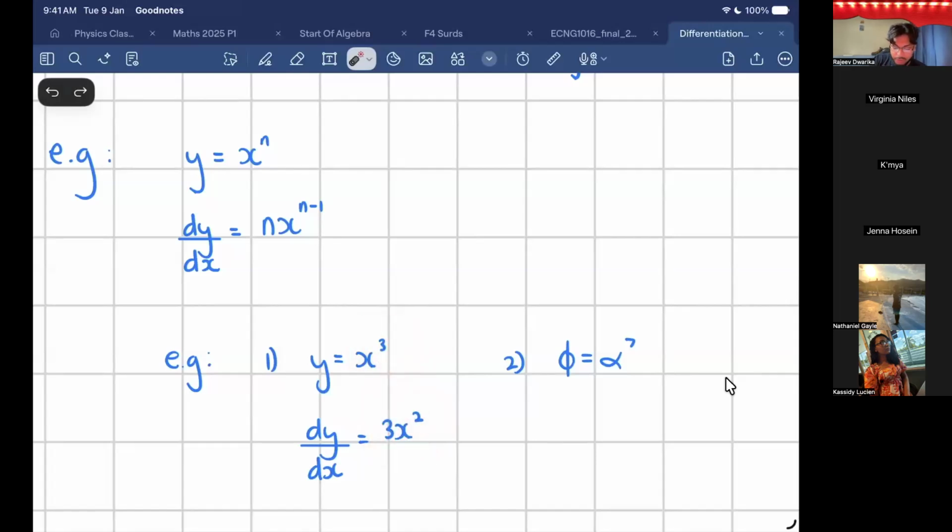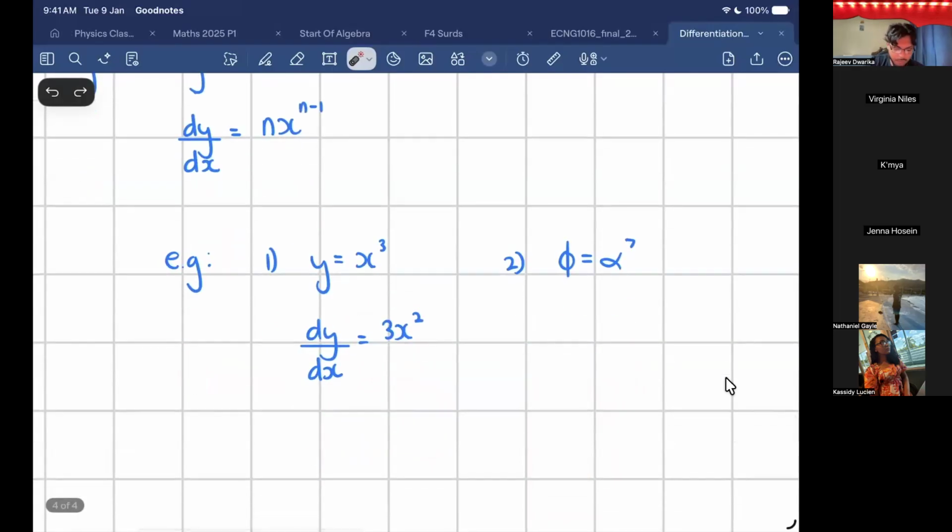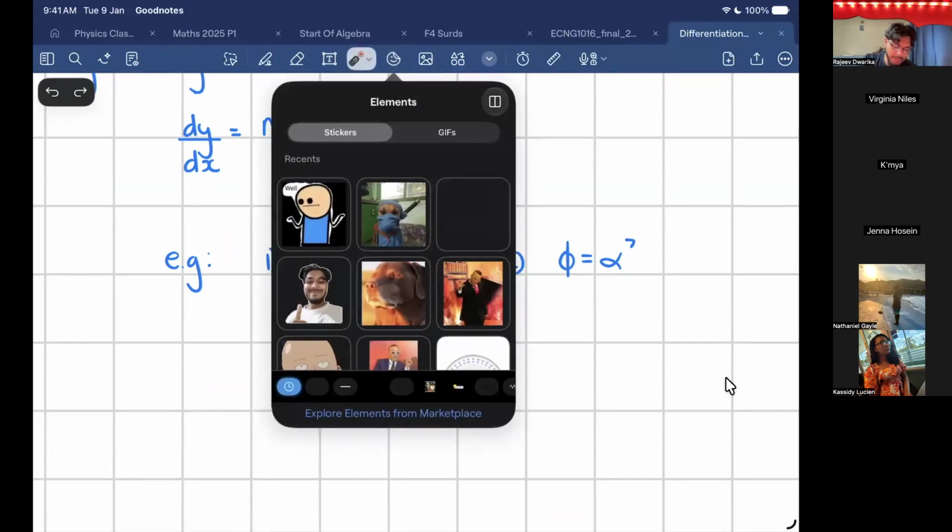So let's just say I had a function here phi in terms of alpha. How would the notation for that look? Would I write dy dx? I'm asking for the notation.